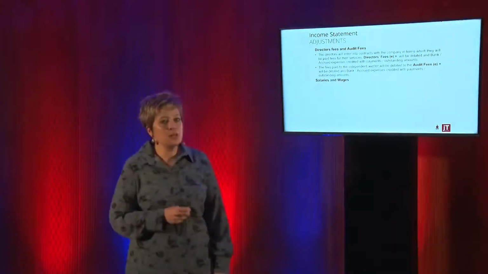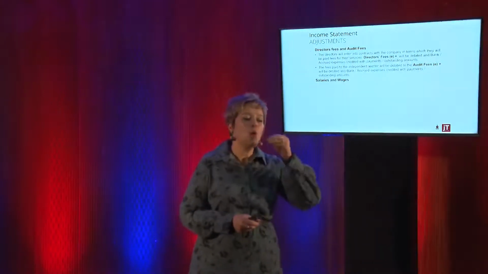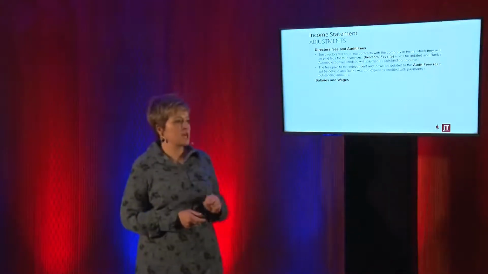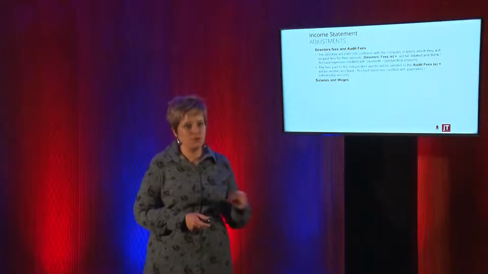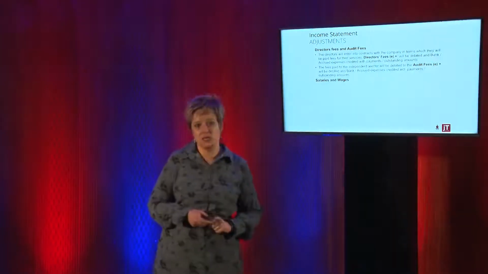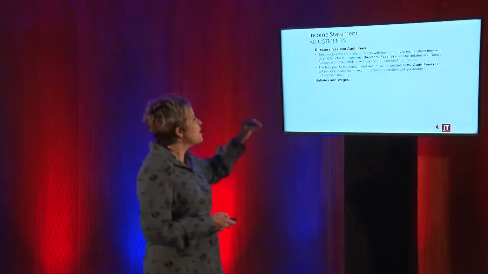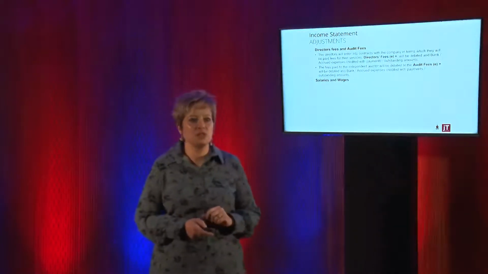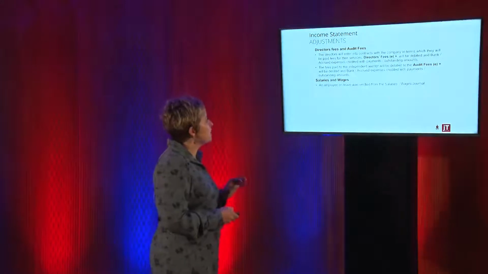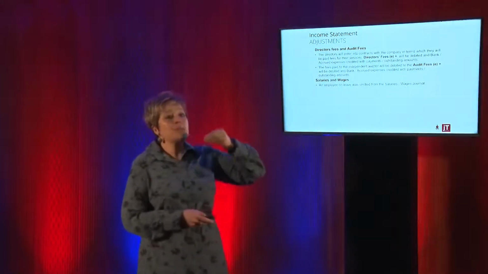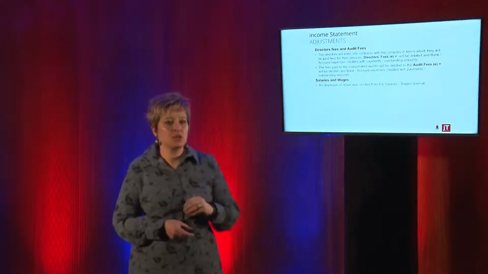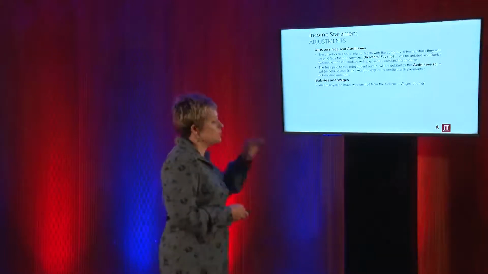Then salaries and wages. Guys, most of you mess up the salaries and wages adjustment. This comes from Grade 10 with the Salaries and Wages journal. Most of the time they say that an employee was omitted from the salaries journal, or he was on leave and wasn't paid yet.